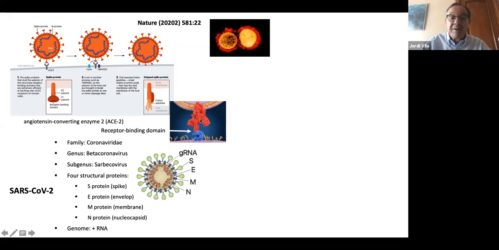The protein in red is the S protein of the virus, and the receptor. It's important because there are slight differences between the S protein in SARS-CoV-2 and in SARS-CoV, which probably explain the higher affinity of the SARS-CoV-2 protein for the receptor.